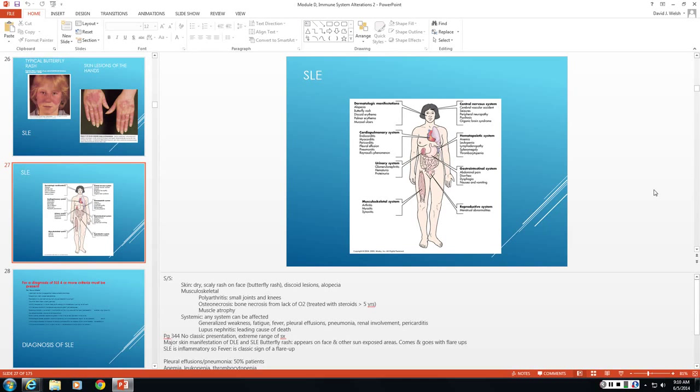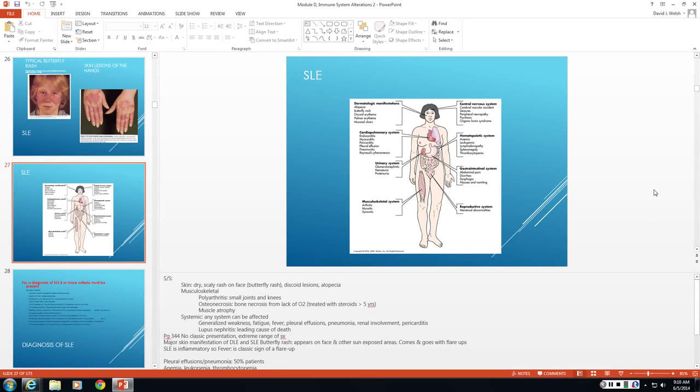There's no classic presentation, and there's an extreme range of symptoms. So any of these symptoms can occur. There's not one major thing that shows that they have this.